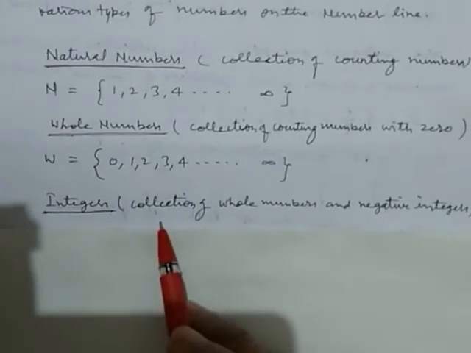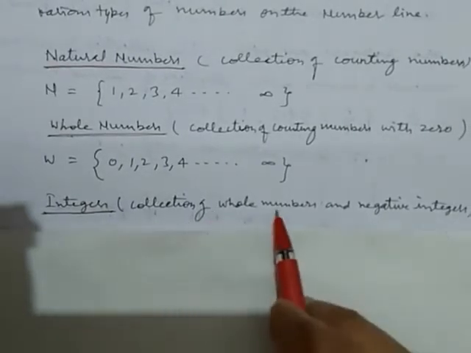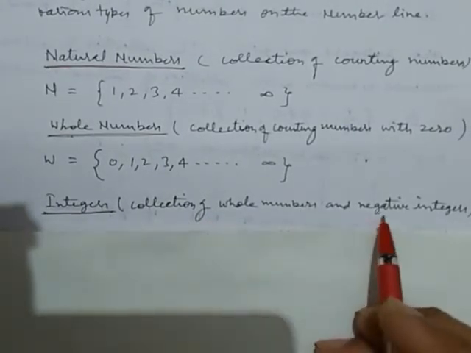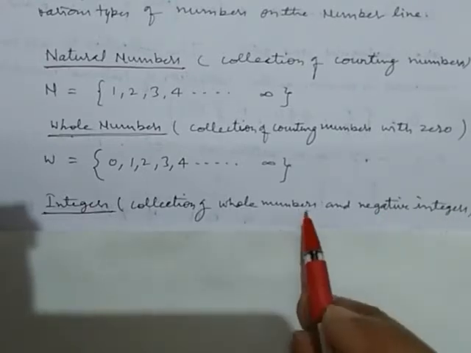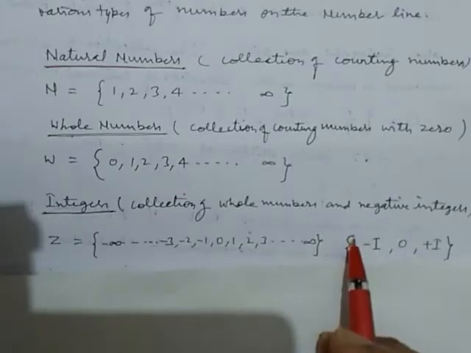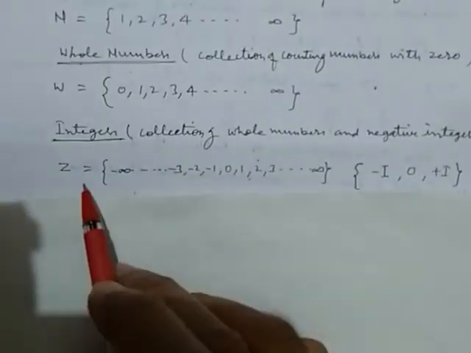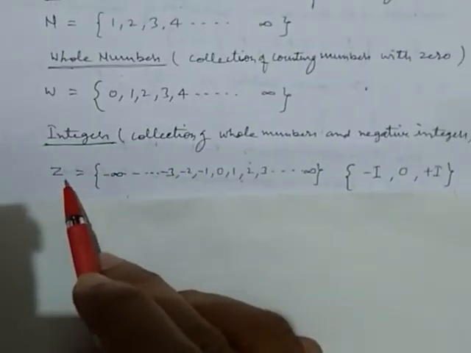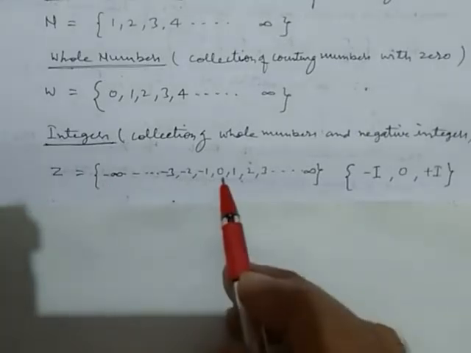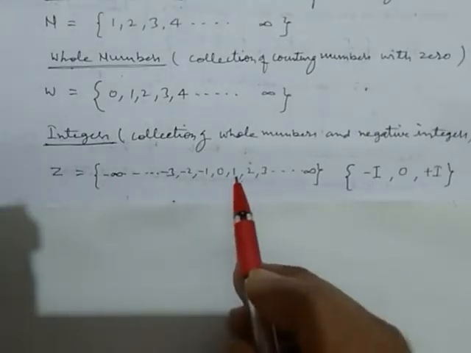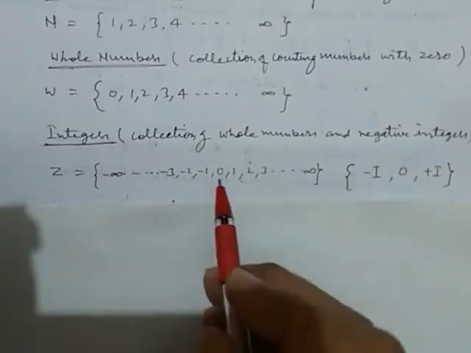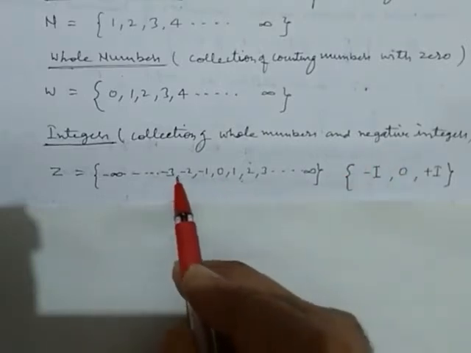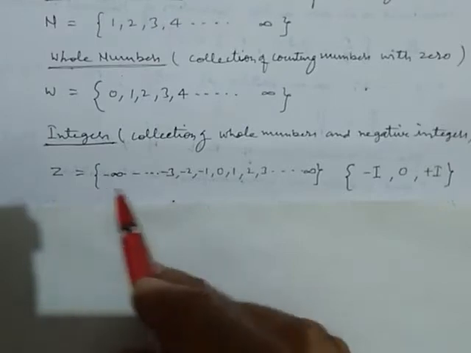Integers. Collection of whole numbers and negative integers, that is, collection of whole numbers and their negatives. Z is the symbol of this. 0, 1, 2, 3 and so on are positive, and 0, -1, -2, -3 and so on are negative.